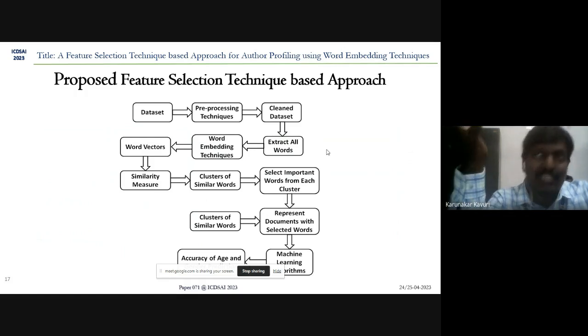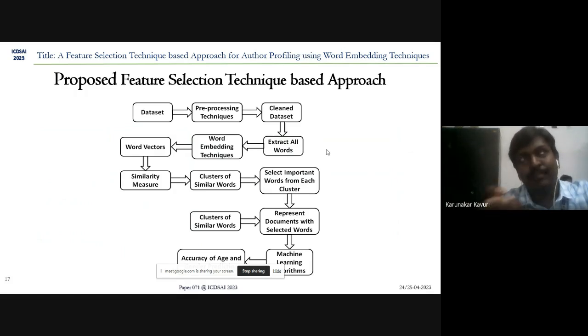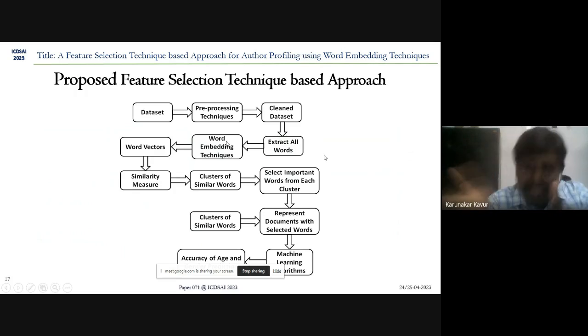I will extract all those words. Later on, I will apply embedding techniques. From that, I will get the word embeddings for each and every word. After that, I will get the word vectors. That means the textual information is converted into numerical information in the form of word vectors.